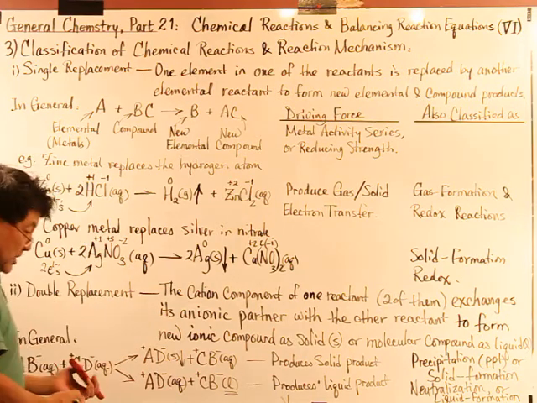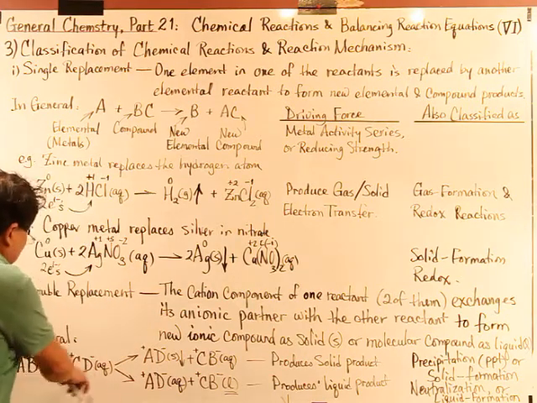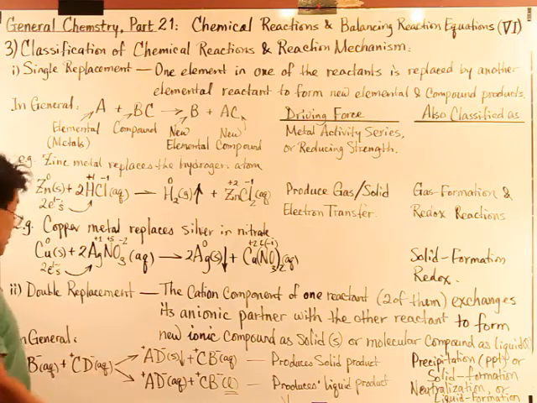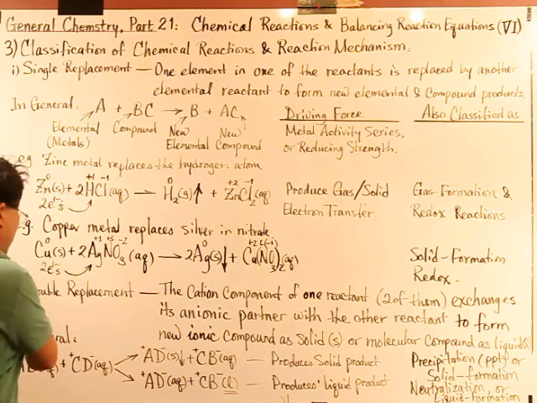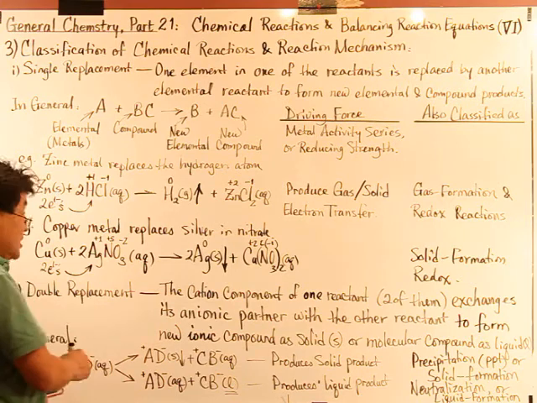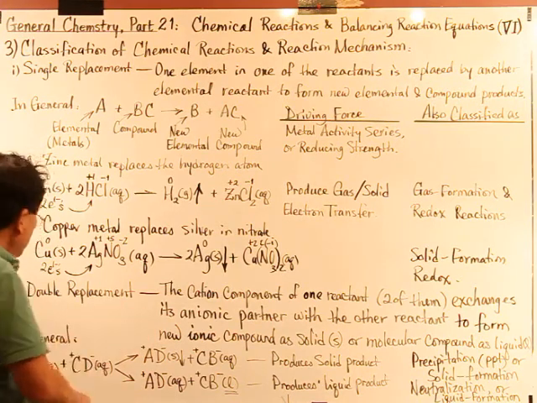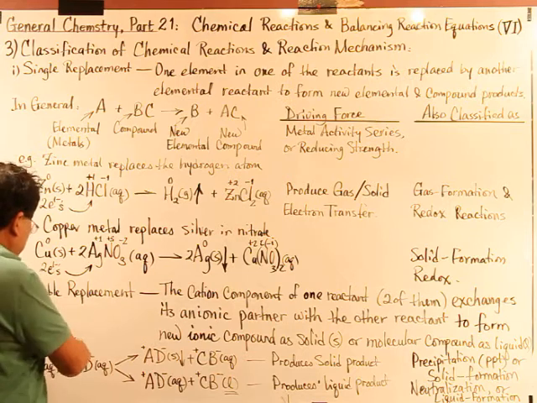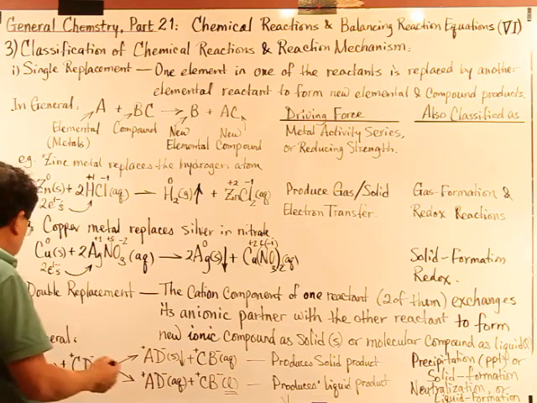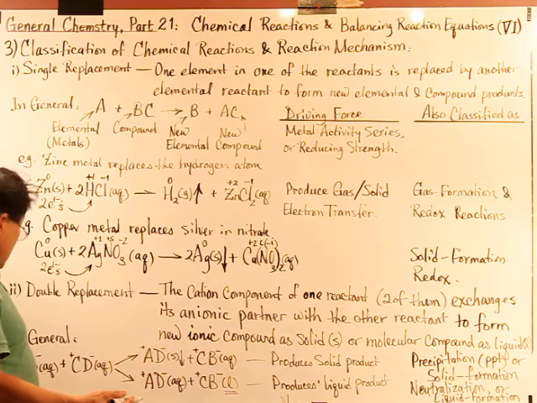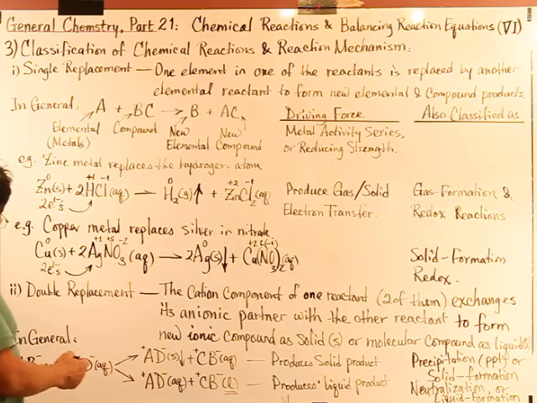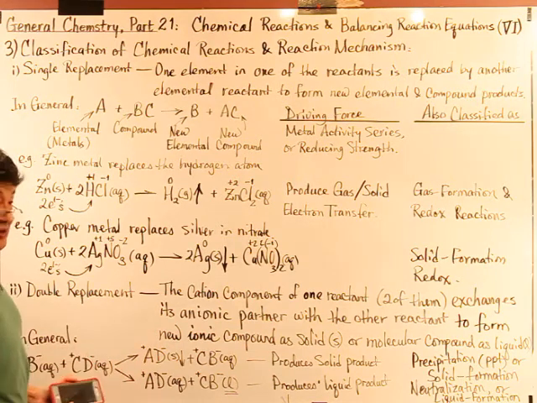Then the anionic partners are exchanged. Let's put it this way: B and D switch positions. D goes to A and B goes to C. But remember, the cation has to always be on the left. So you don't say AB and CD exchange partners to become AC and BD. Why not? Because B is minus and D is minus, they are both negative.